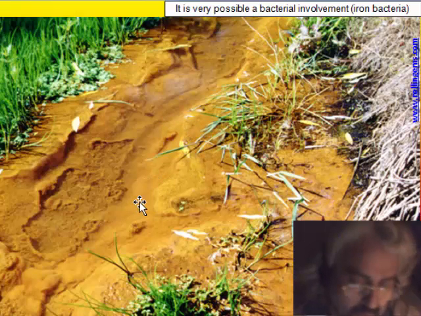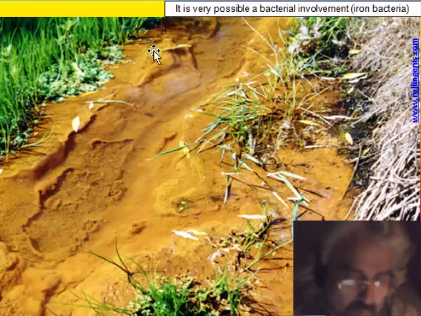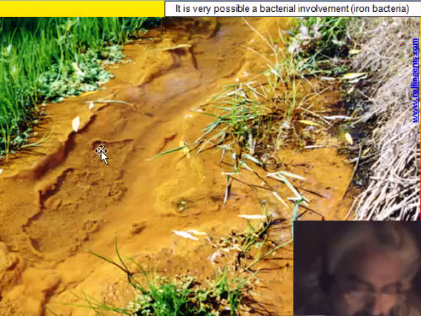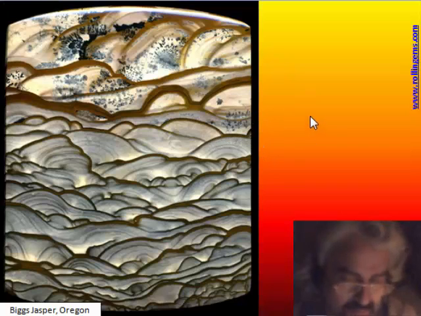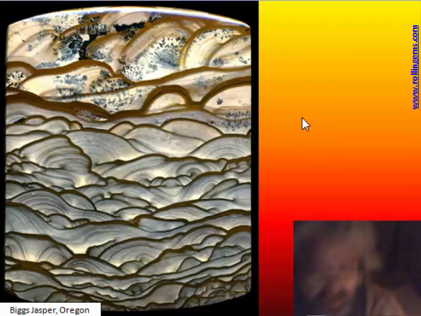And this kind of bacteria is common in ponds, quiet water, and they make like an algae carpet with iron color. And this is a nice cabochon of the dune pattern of Biggs Jasper.